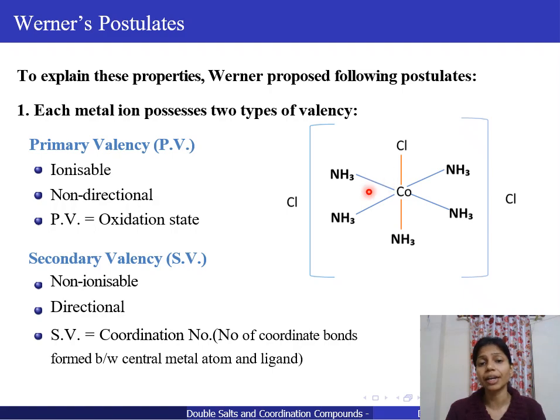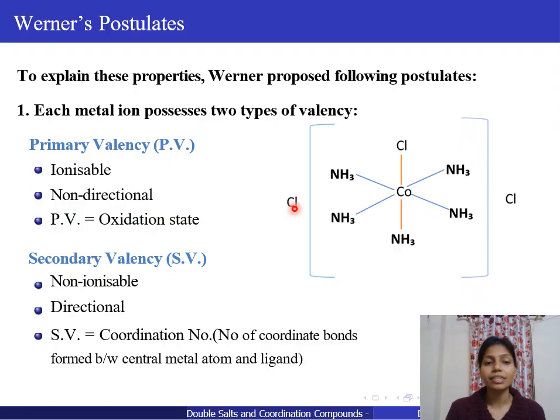So it is hard to break, and this will not break in aqueous medium. These outside ligands are ionizable and non-directional, because they have ionic interaction, so they can interact from any side. Ionic interaction is non-directional, right?